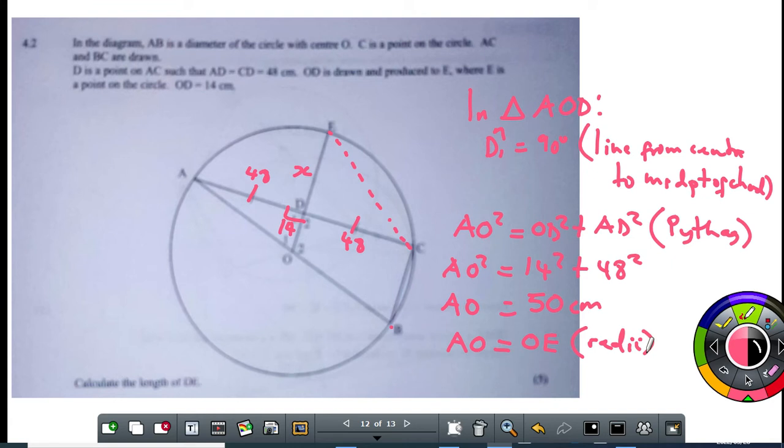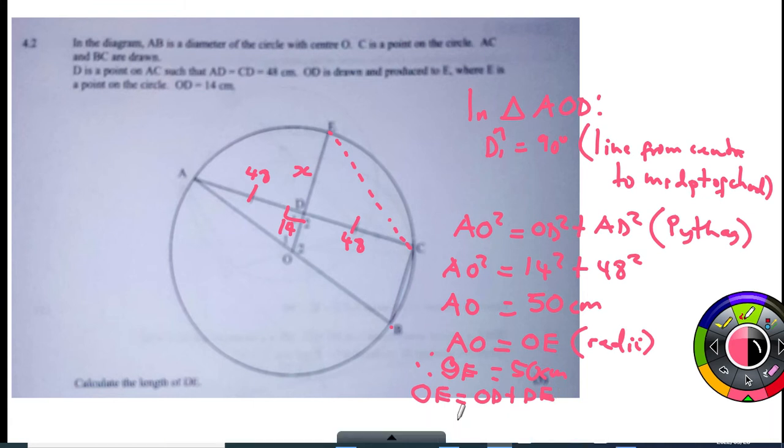So what this means is that OE is going to be 50 centimeters. But OE is equal to OD plus DE. So I can get my DE by subtracting 14 from 50, and I'll get 36 centimeters.